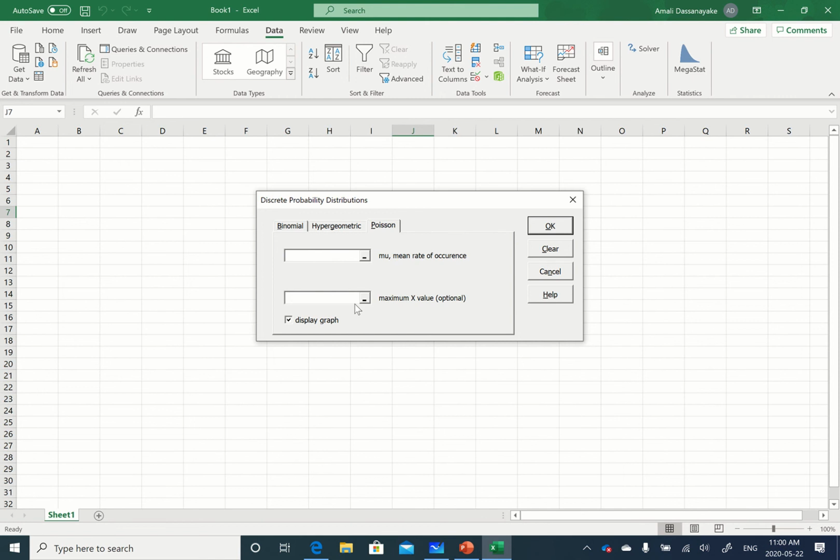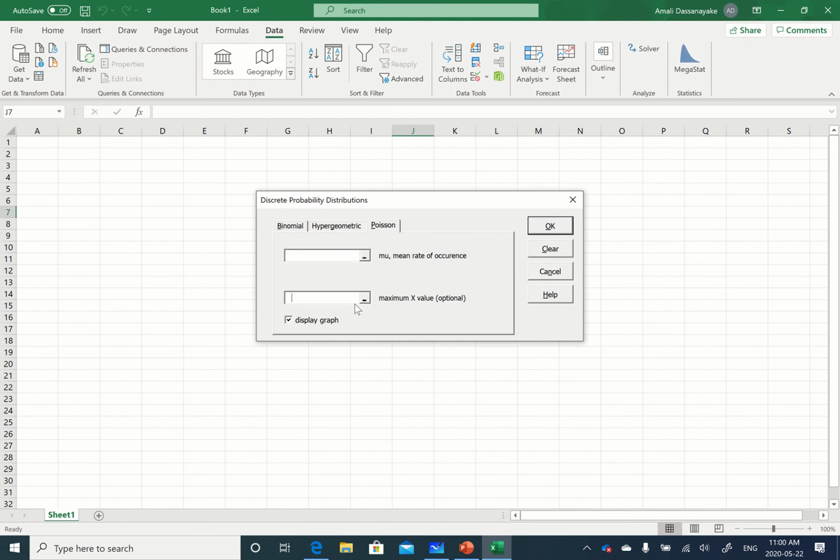The thing about Poisson is that you don't really have an end to this probability table. For binomial and hypergeometric, you have n trials, so the table does not go beyond that amount. If you flip a coin 10 times and count the number of heads, the number of heads can be 0 to 10. It cannot be 11.